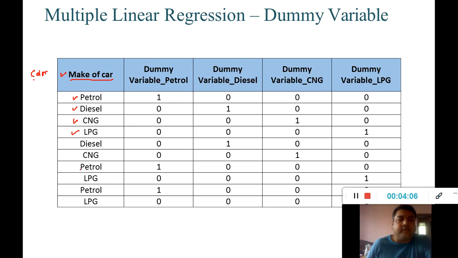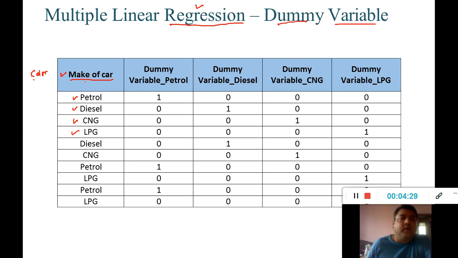Now in such scenarios, as I have told in all my earlier videos about regression, a regression model doesn't understand text values, so we have to convert them into numerical values. That process is called creating a dummy variable.